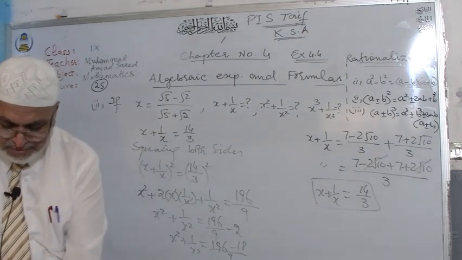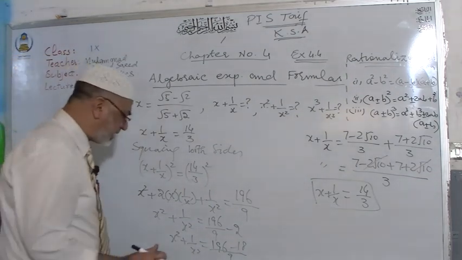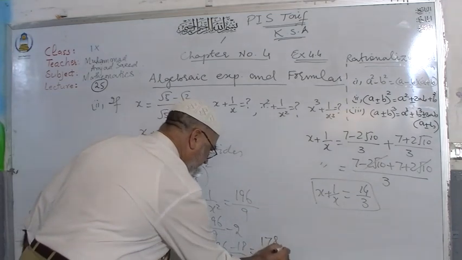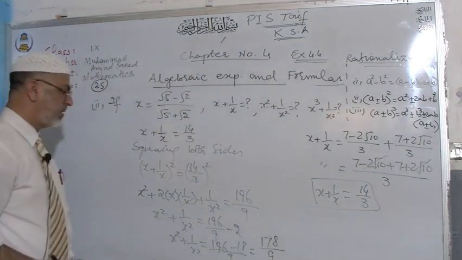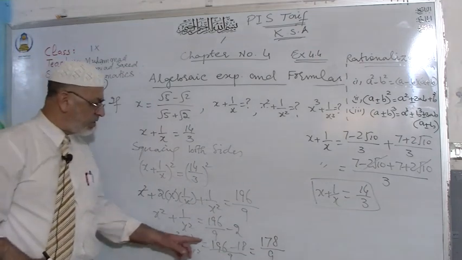We have 178 over 9. So dear students, this is your second answer.